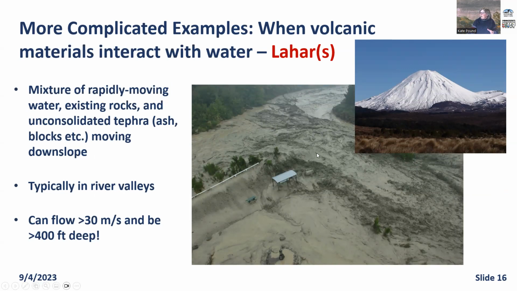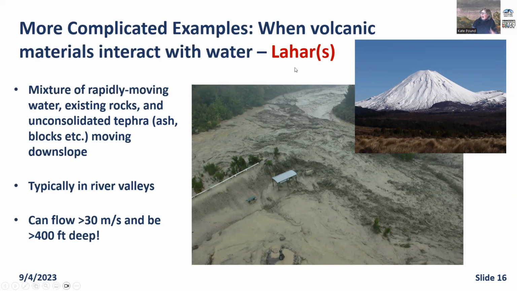So I want you to imagine that you're somewhere near a stratovolcano and there's an explosive eruption. So if ash and pyroclastic material mix with water, they essentially produce a kind of concrete-like slurry that we call a lahar.